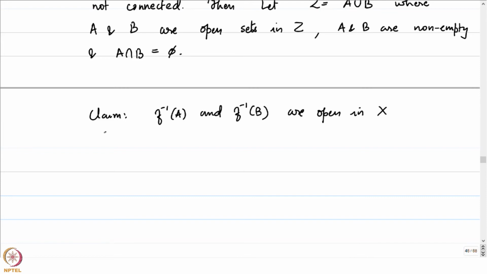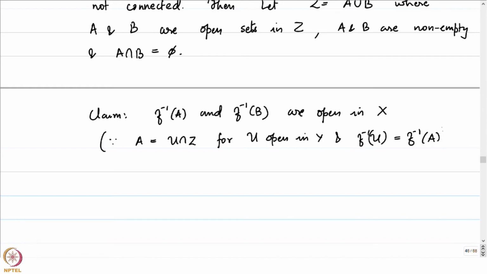Just observe that this follows since A is U intersected with Z for U open in Y, and f inverse of U is the same as f inverse of A. And because f is a continuous mapping from X to Y, it will be a continuous mapping from X to Z. This is the broad idea in establishing this particular claim, but let me not go deeper into it. I'll allow you to sit down and write down the details.